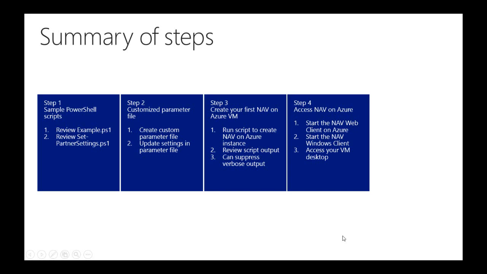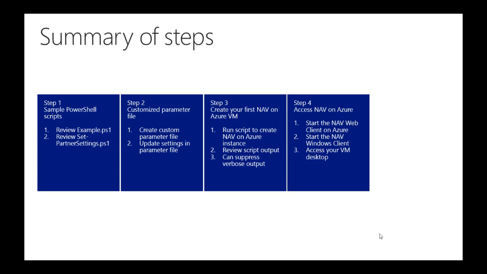During this video, we have walked through the steps shown here. In step 1, we reviewed the sample PowerShell scripts. In step 2, we created a copy of the custom parameters file and then updated the settings within it. In step 3, we created a NAV on Azure virtual machine.